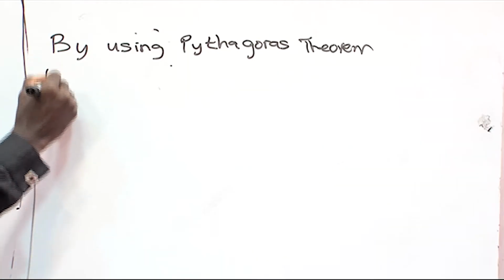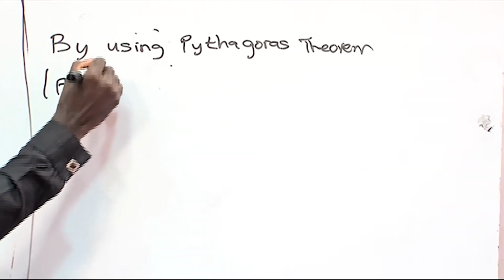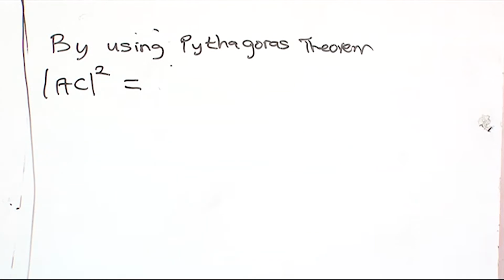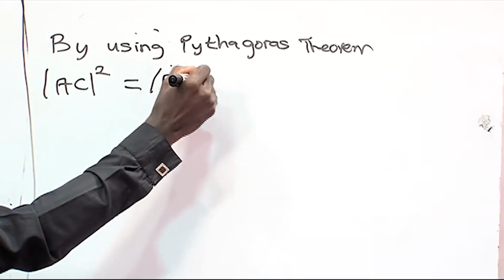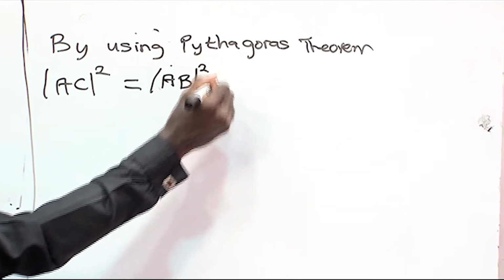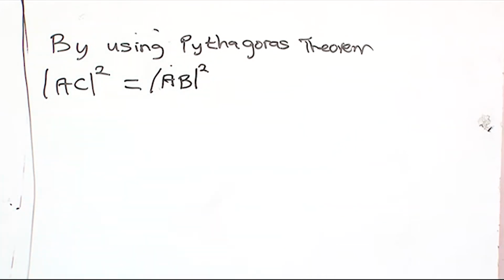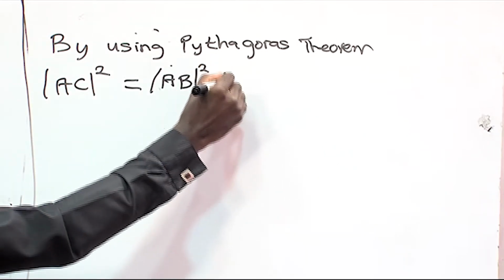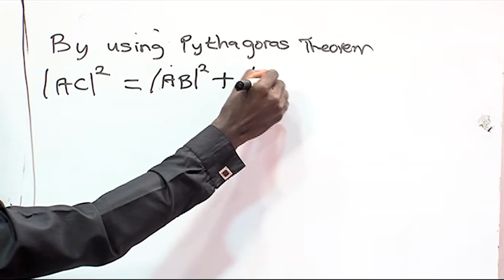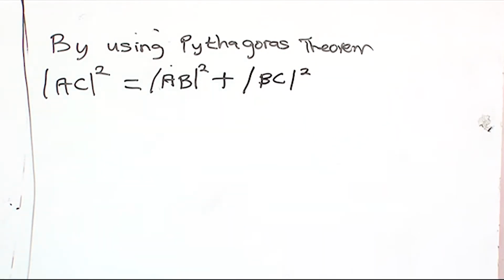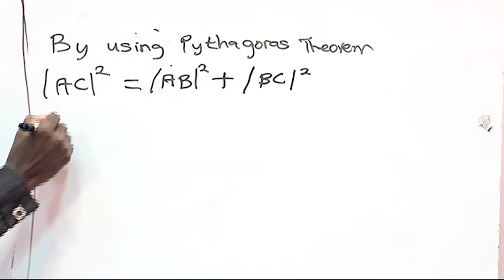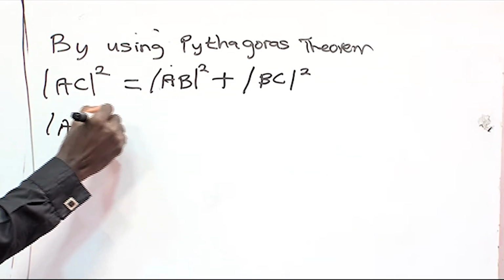So we have line AC square is equal to line AB square, which is the opposite, that is what we normally call it, plus line BC square.